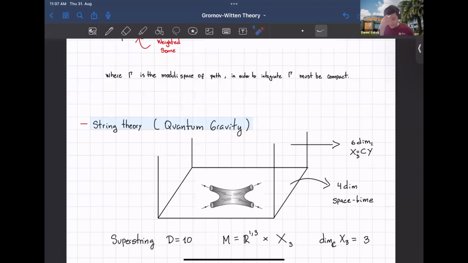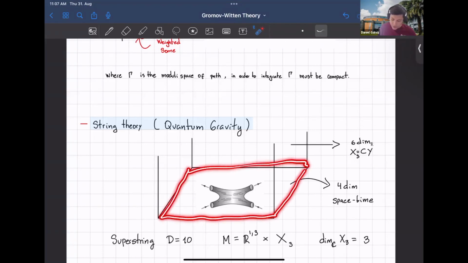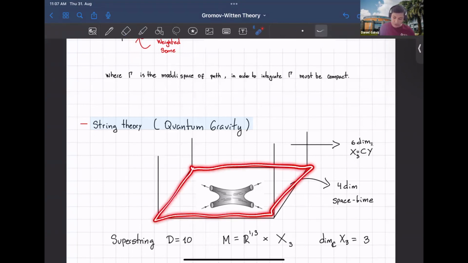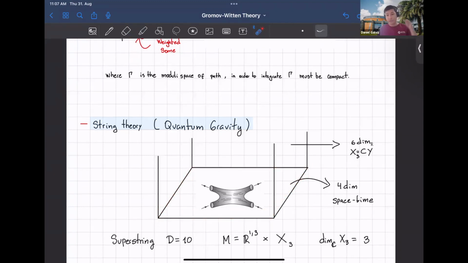So the basic idea is, let's suppose this plane that you see here is a 4-dimensional pseudo-Riemannian manifold, which means it's Minkowski. It's like 1 time dimension and 3 space dimensions. So in total it is a 4-dimensional space-time. Then at each point of this 4-dimensional space, you will put fibers.